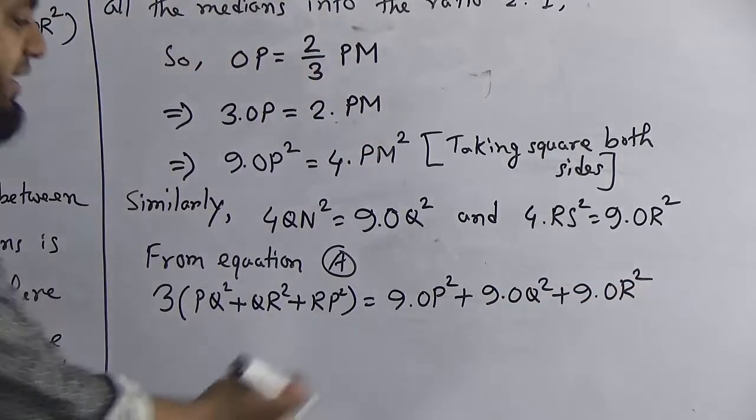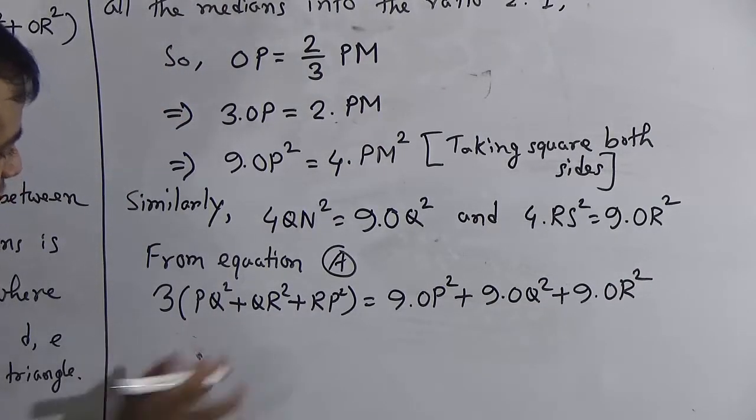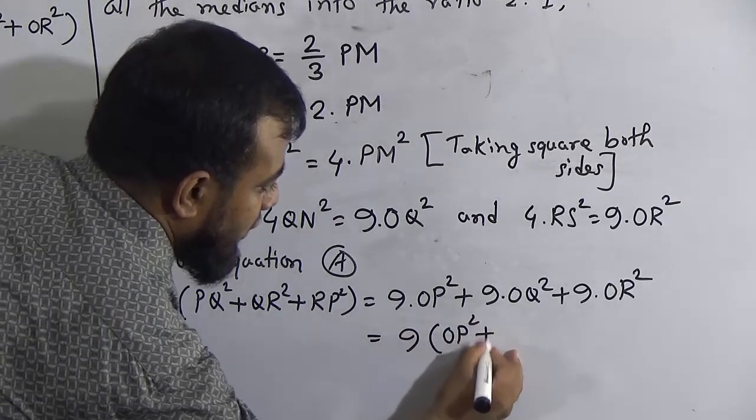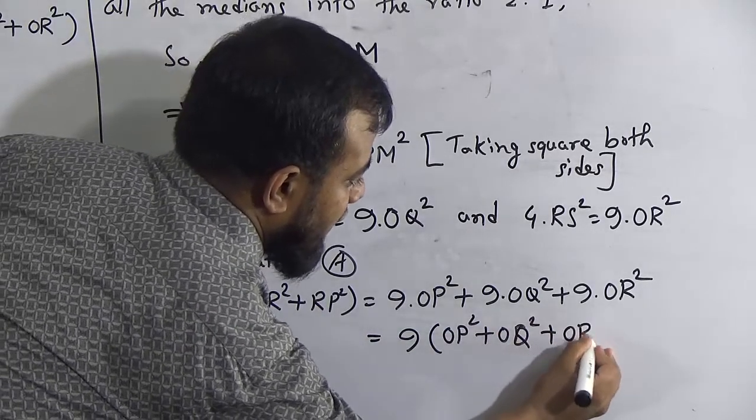We can take 9 as common from the right side: 9 into OP square plus OQ square plus OR square.